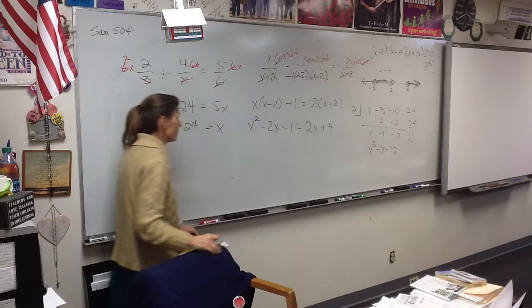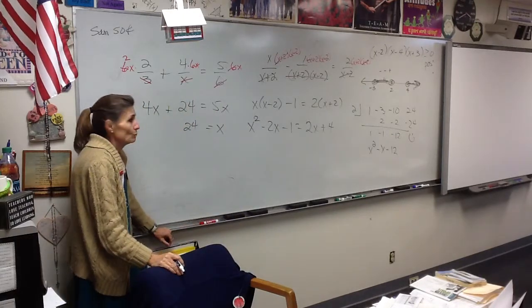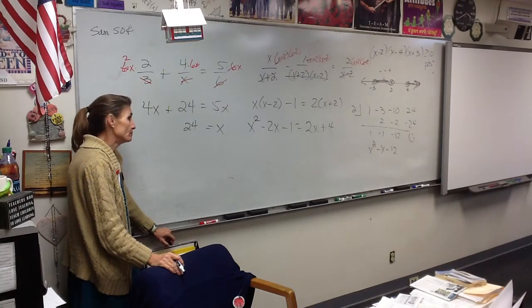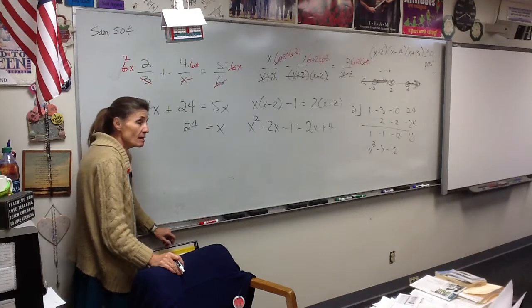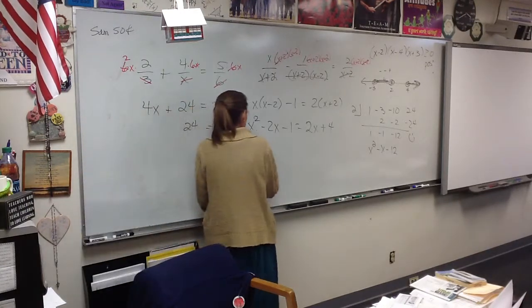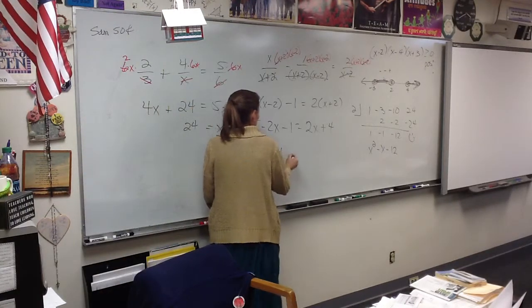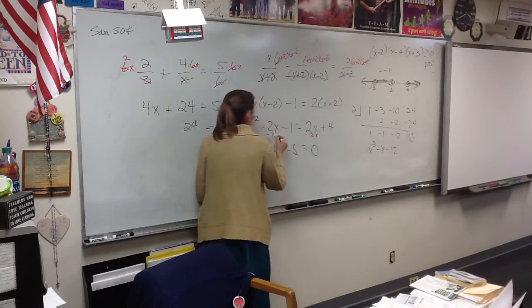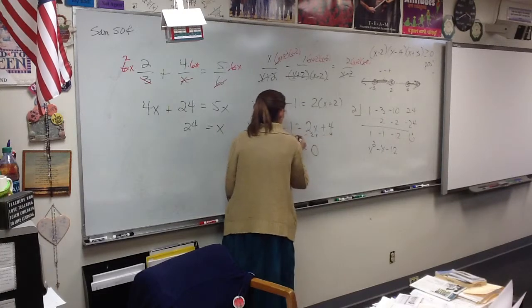What do I do with that? Somebody said make it pretty. To make it pretty, I put it equal to 0. So I'm going to subtract 2x and subtract 4.